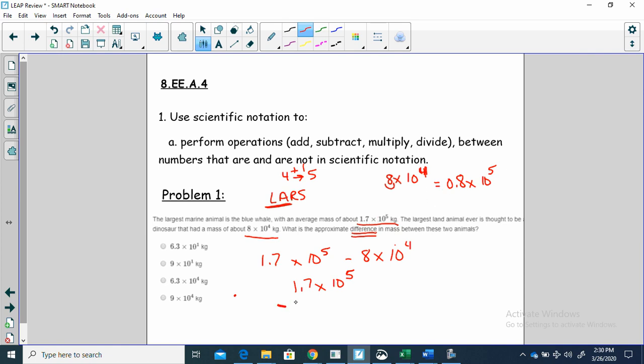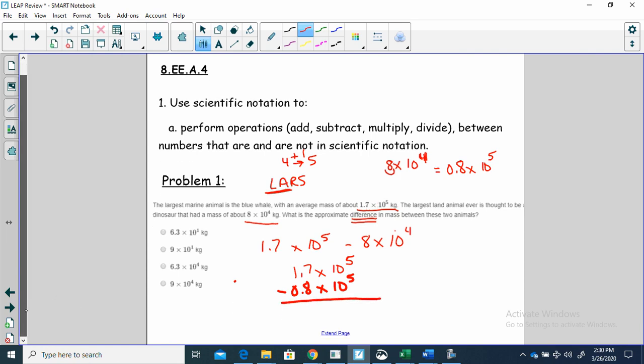Remember, the exponents have to be the same. Notice, 10 to the 5th is the same in both places. Our exponents are the same, so that'll work. 1.7 minus 0.8 would give us 0.9 times 10 to the 5th kilograms.